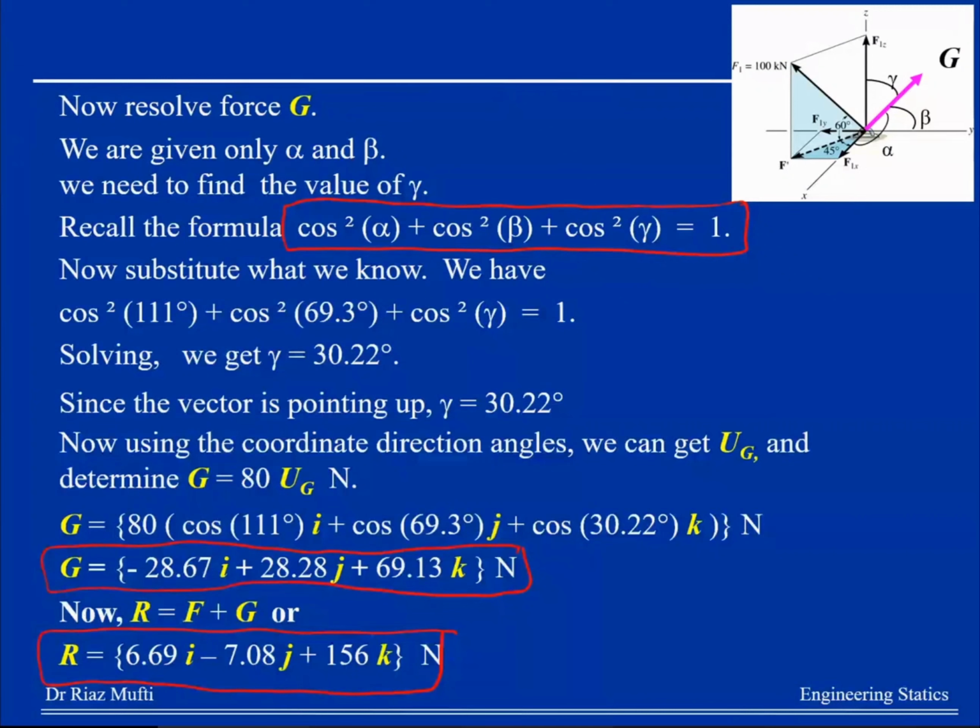Now I want to know the angles of the resultant with the axes. Remember, in 2D, you need to find the magnitude and its angle mostly from the x-axis. Now I want to know the resultant vector with respect to x, y, and z. So I've got my resultant in vector form. I can find the magnitude of this.